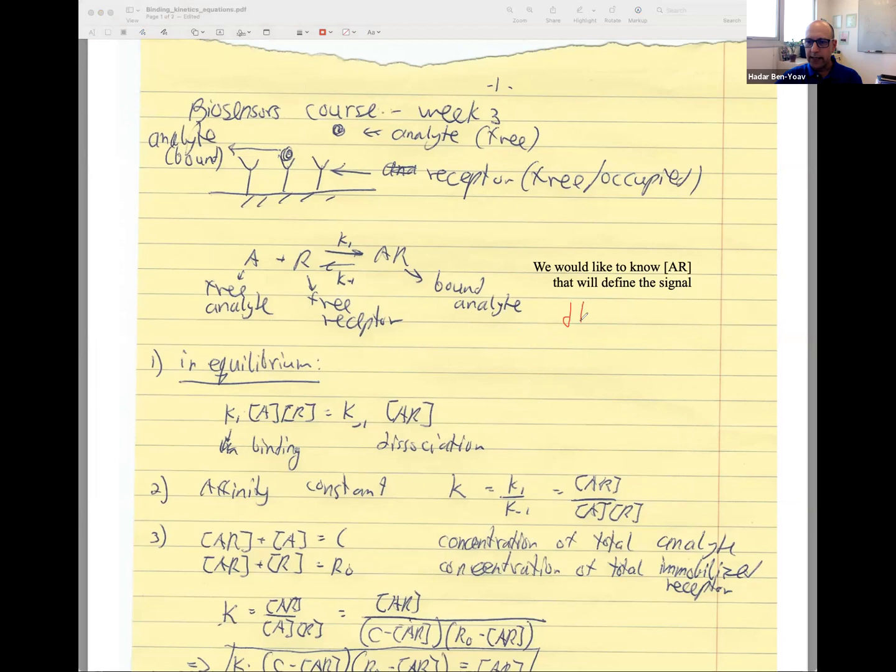So we said the dAR over dt in the association, we have K1 times A times R minus K minus 1 times AR, the concentration of the complex.